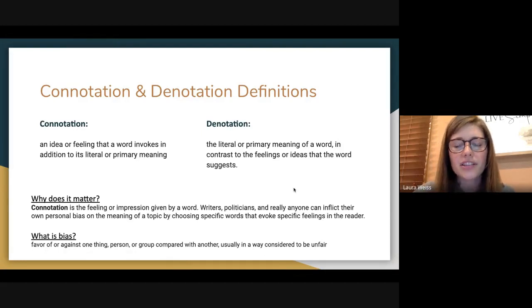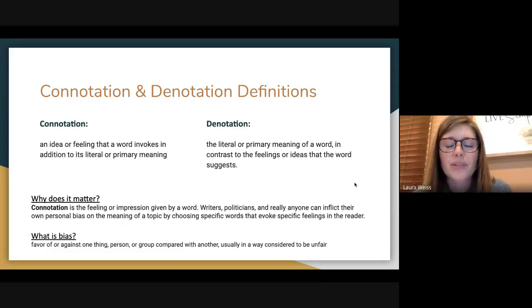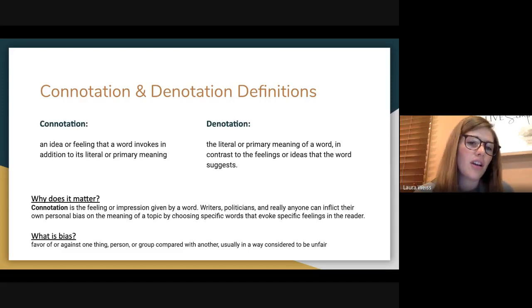So connotation and denotation. If you just want to look at the denotation part here on the screen, when I say denotation, I'm talking about the literal meaning of a word. So if you have the word sad, or the word heartbreak, if you wanted the denotation of the word heartbreak, you could go on Google, look up the definition, and you'd get it. The denotation is literally just the definition, word for word.